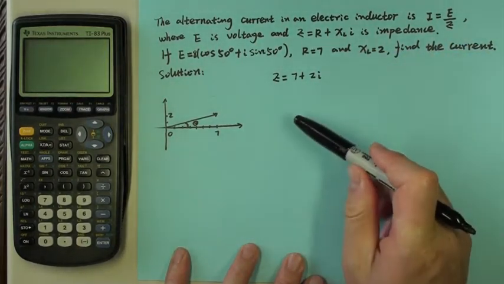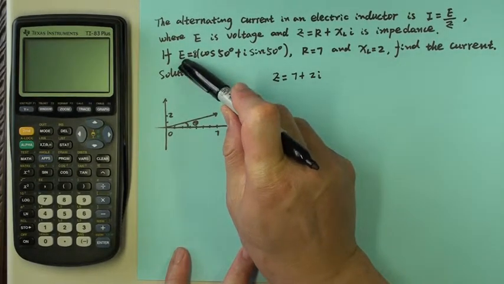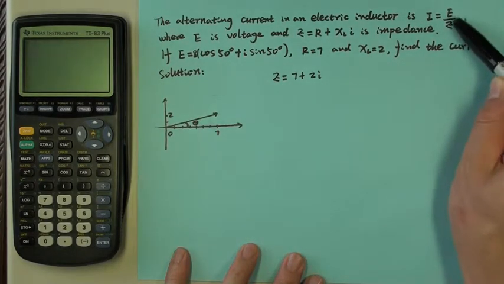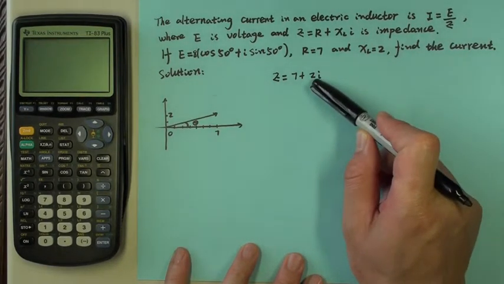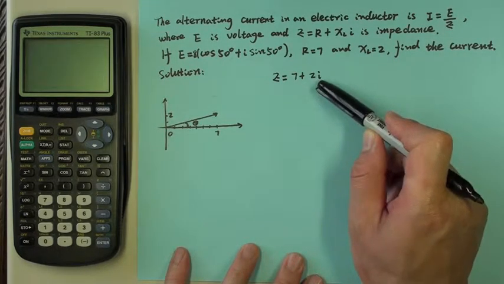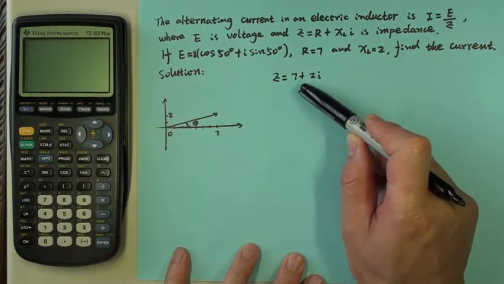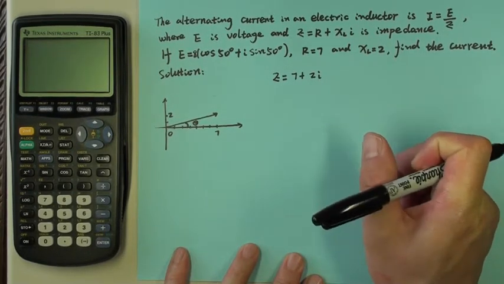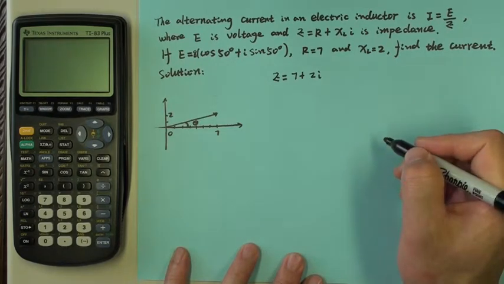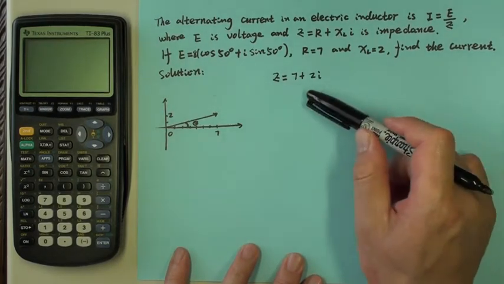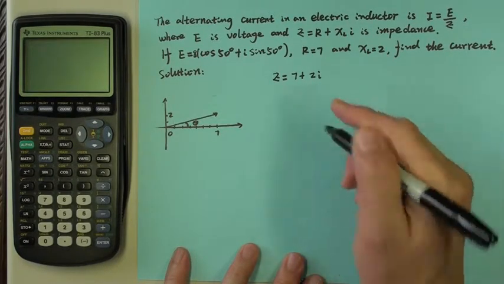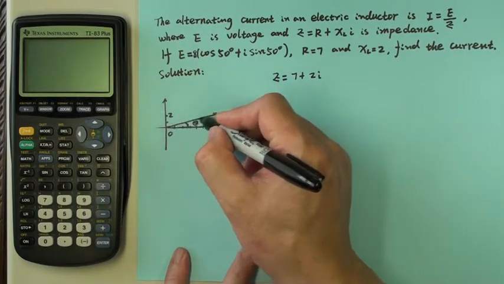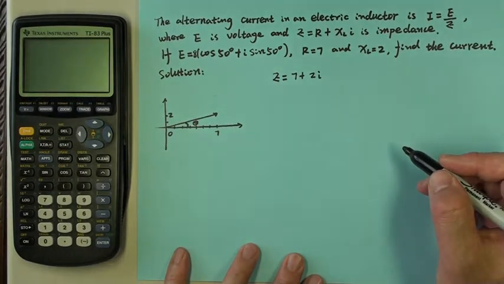In order to do the division, E divided by Z, we have to change Z from rectangular form to trigonometric form. In order to find the trigonometric form, what you want to do is find the magnitude, or absolute value, of this complex number.